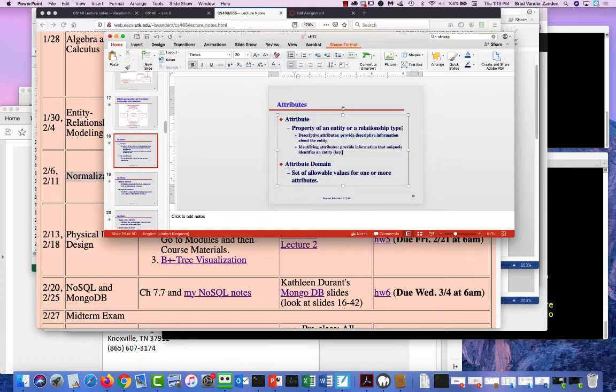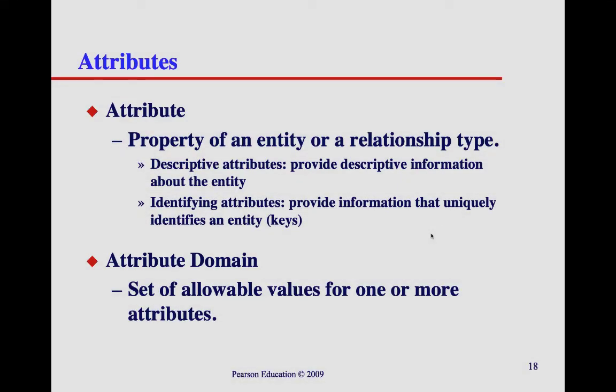So, as you might imagine, identifying attributes tend to be keys. Okay, so descriptive attributes provide descriptive information about an entity, such as their name, their birth date, their job classification code, their salary. Whereas identifying attributes uniquely identify an entity, their personnel number, their first and last name.